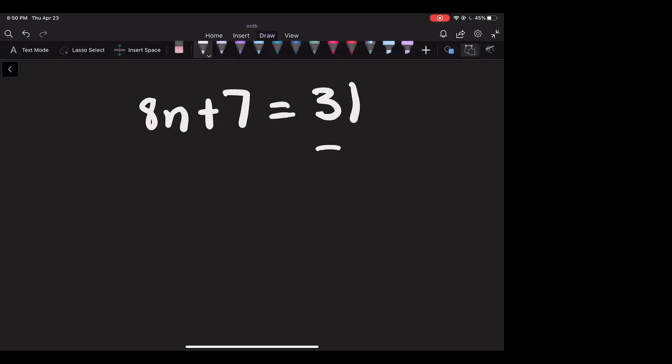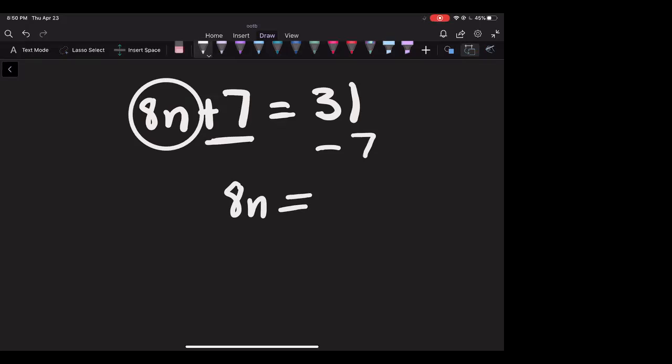We're going to subtract on the other side, right? Yes. So 8n, because we've gotten rid of this, but we still have this left. It's still multiplication, it doesn't matter what number or letter it is as long as it's beside it. This is 24.